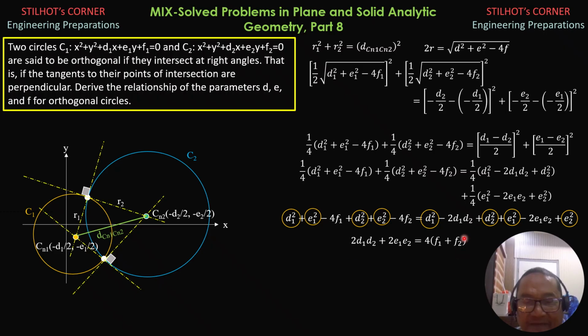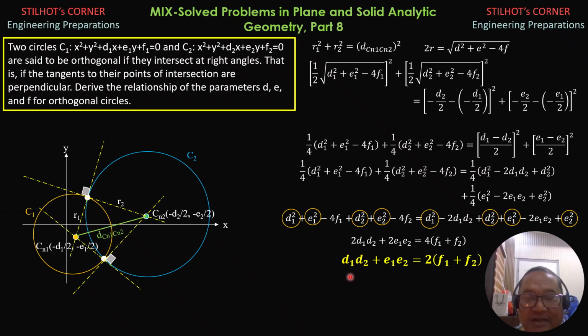Finally, we divide everything by 2, so the relationship among the parameters for two orthogonal circles would now be obvious. So it is d sub 1 d sub 2 plus e sub 1 e sub 2 equals 2 times quantity f1 plus f2.